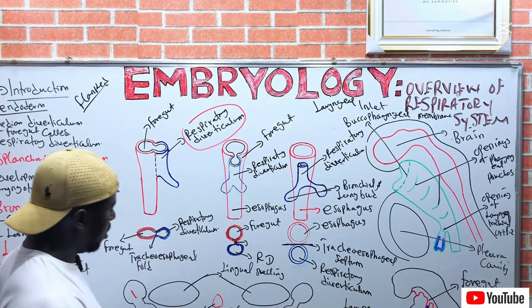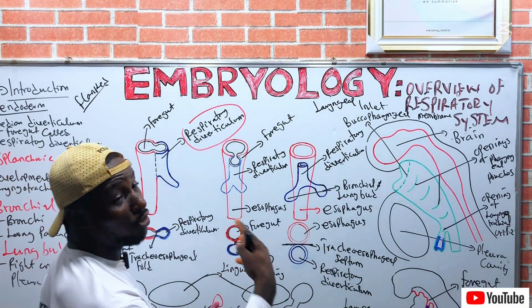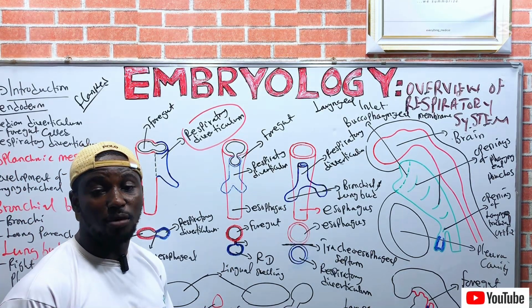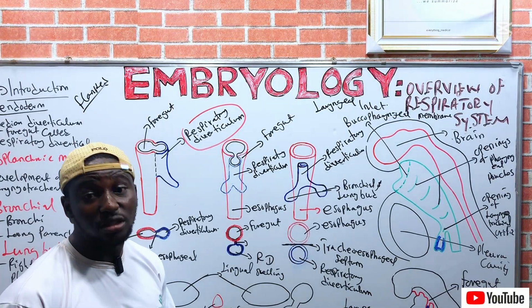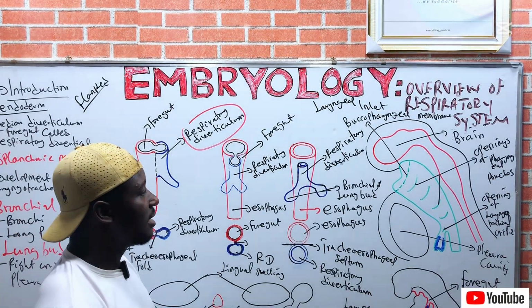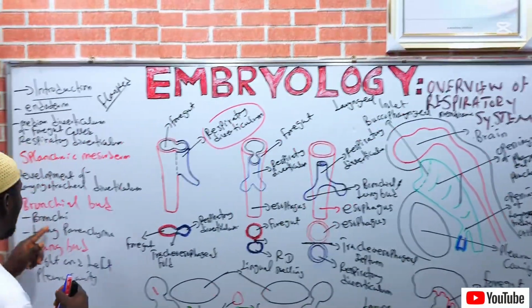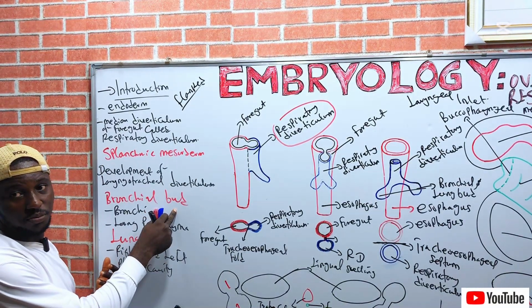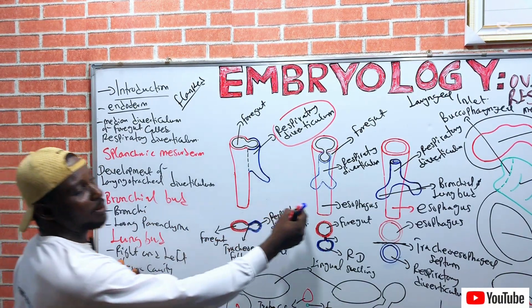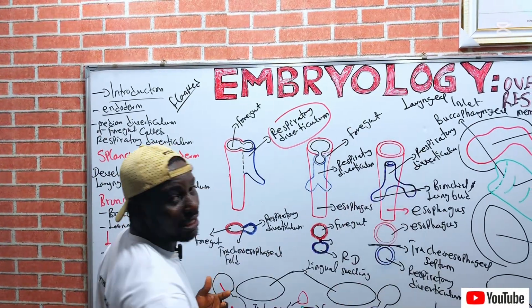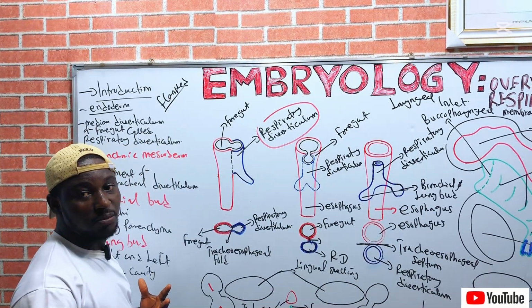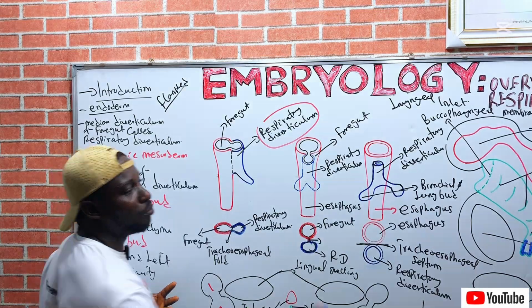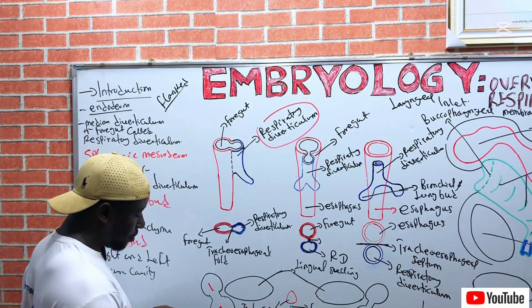So, this is how the development of those structures that form the lower respiratory tract evolved, right? As you can see, the bronchi and the lung parenchyma developed from the bronchial bud, because as the respiratory diverticulum enters the thoracic cavity, it bifurcates to form the right and left bronchial and lung bud, right?